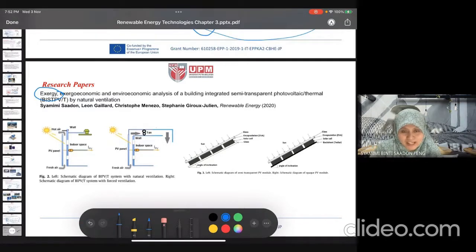So this is to analyze when we have created the BIPVT system by using natural ventilation. When we created the BIPV, we analyze it by calculating and measuring those parameters: energy, economy, environment. Those terms are actually based on the energy. Remember when I said that the second law of thermodynamics measures the useful energy being transferred, the useful energy being produced.